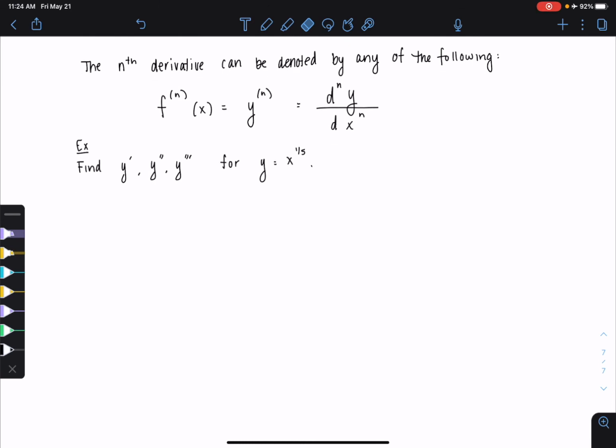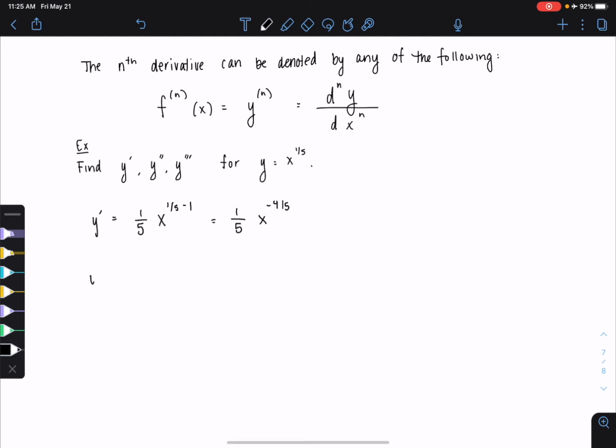So let's try one example. We're going to calculate 3 derivatives for a particular function, x to the 1/5. So you've got to start with the first derivative. It's going to be a bunch of power rules. So we bring the power down. We decrease this power by 1. So 1/5 minus 1 would give us x to the negative 4/5.